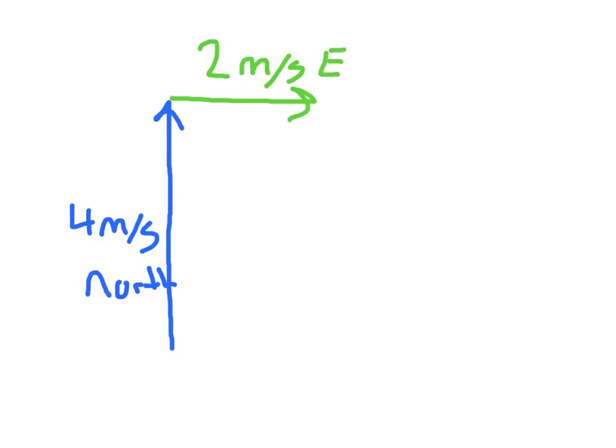When we add these two vectors together, our resultant vector starts where the first vector started, ends where the second vector ends, and this is the velocity of the boat with respect to the shore.